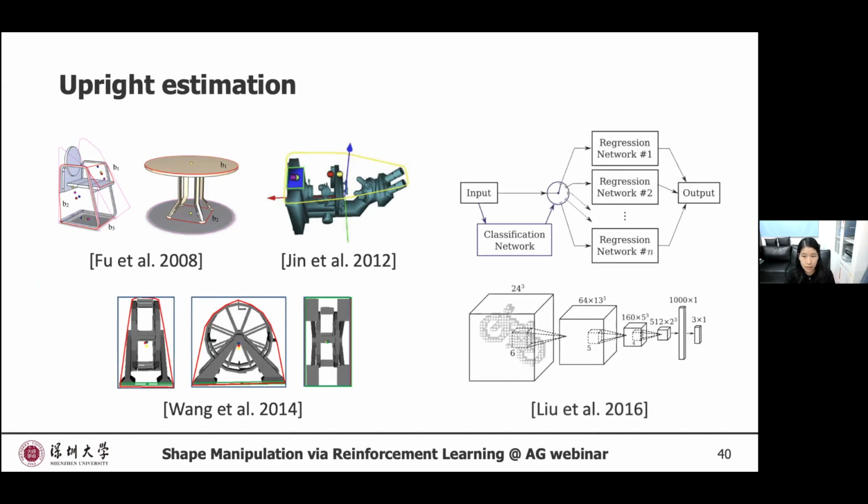Recently, a DNN-based method has also been developed, but the network needs to be trained separately for different object categories, and the input shape is represented using voxels, which is time-consuming and storage-intensive.